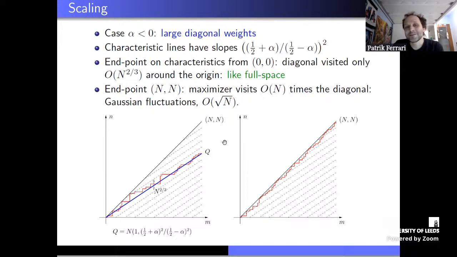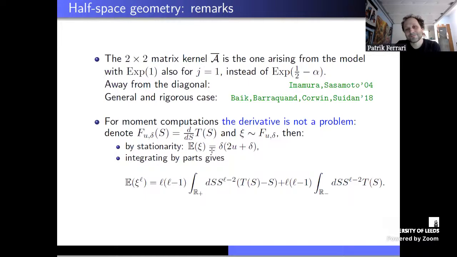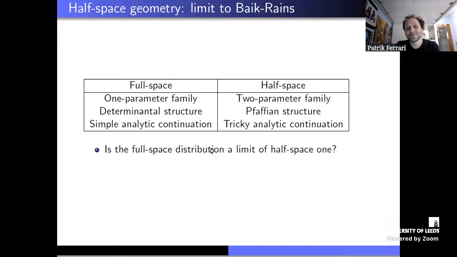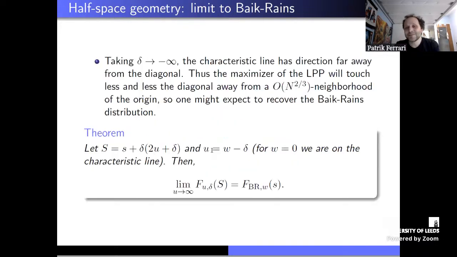Which means even if you are in this setting, taking an appropriate limit, we should be able to recover the Baik-Rains distribution. Because if you go far away from the boundary, the boundary you will not see anymore. And indeed, this is actually possible. It's relatively easy when you have the formula.